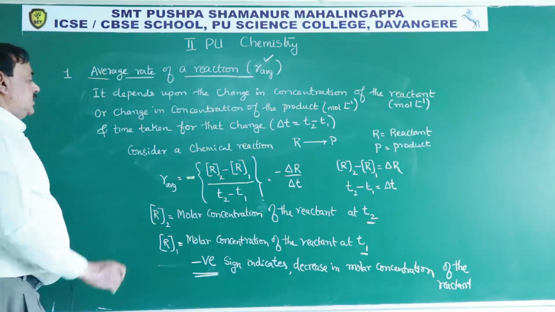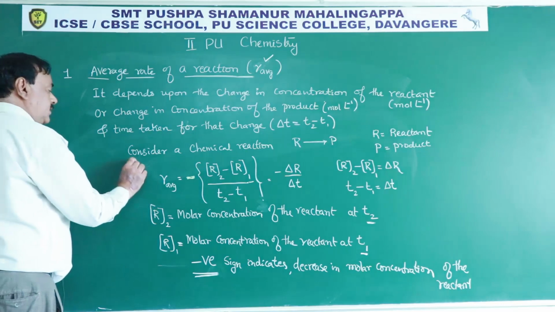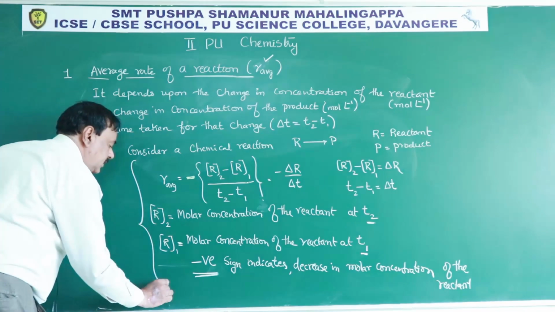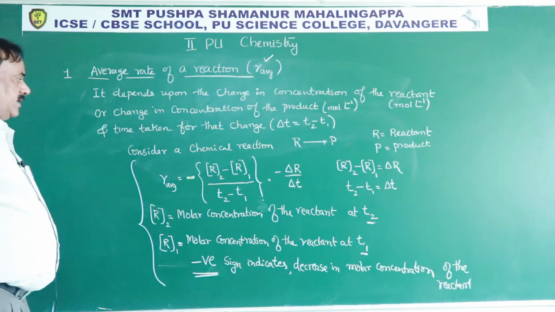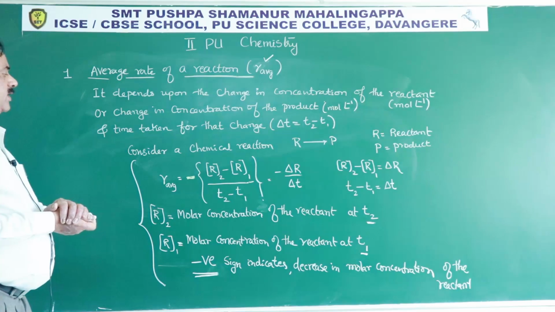Is it clear? This is R average of the chemical reaction with respect to the reactant, considering the reactant. Even we can consider the product also.